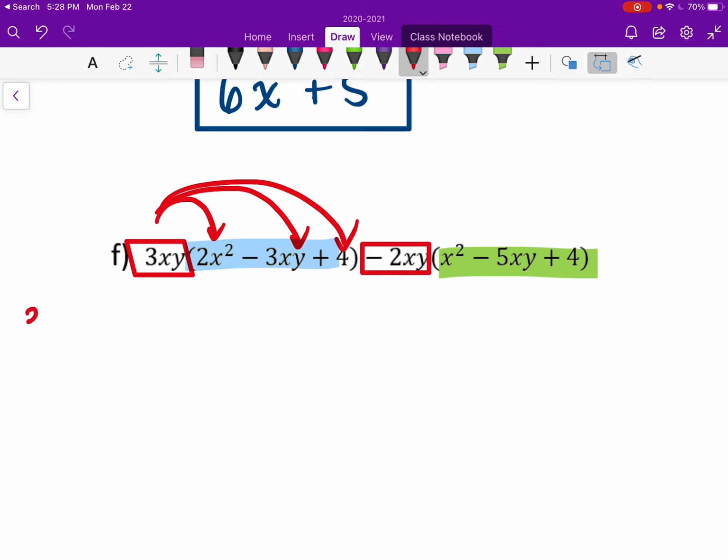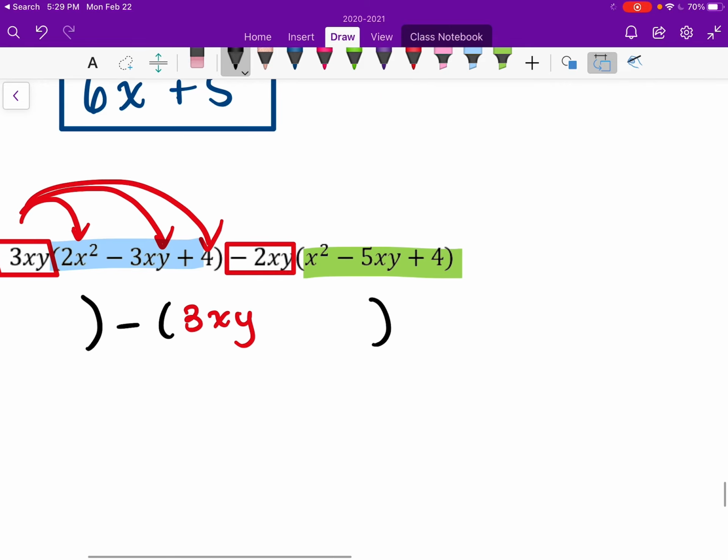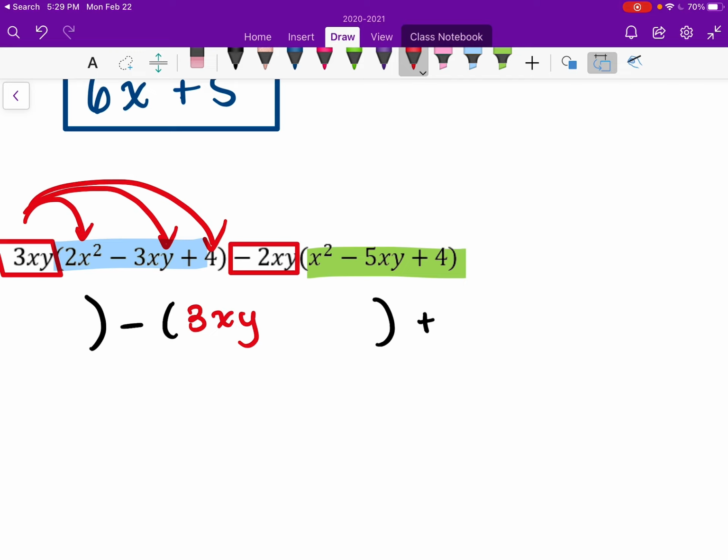So I'm just going to write out 3x. There are 3 terms, so I'm just going to write out these brackets for me. And then I'm going to write out the signs that I'm working with. So I have 3x, and it's minus 3xy. It's going to be times something. I'm just going to close this bracket here. Oops, I didn't want to close it in black. Close this bracket here. Plus 3x, 3xy.